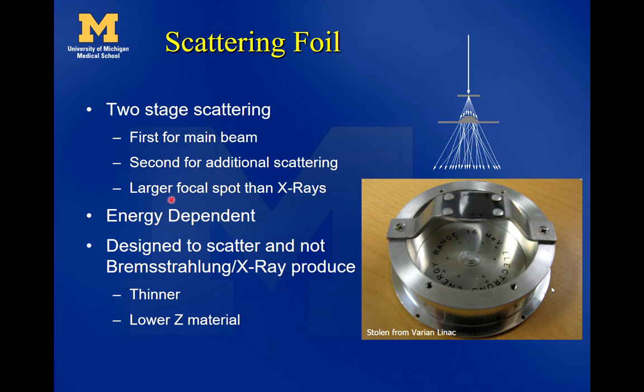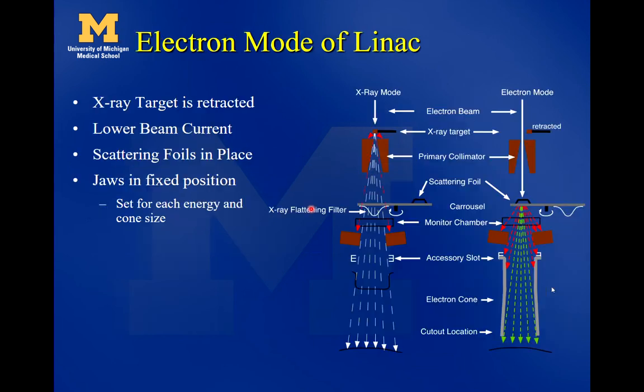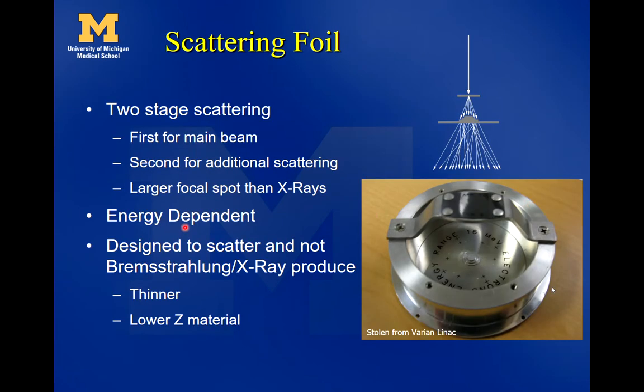It creates a larger focal spot size than the X-ray, and also that scattering foil is very much lower inside the Linac than the X-ray target. Each energy has its specific scattering foil, so every single energy in your Linac has its own, and it's designed to scatter electrons and not produce Bremsstrahlung X-rays.